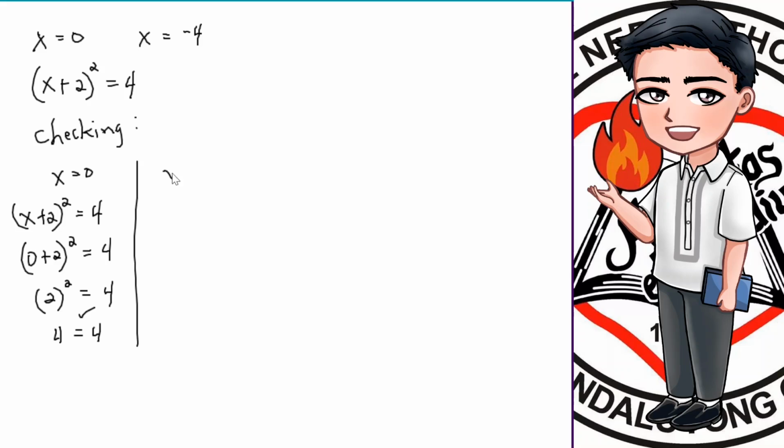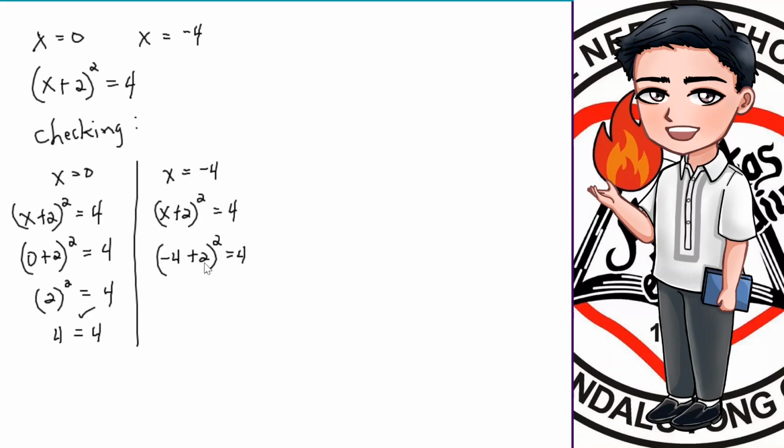How about if x is negative 4? Again, (x + 2)² = 4. Substituting the value of x, which is negative 4, (-4 + 2)² = 4.